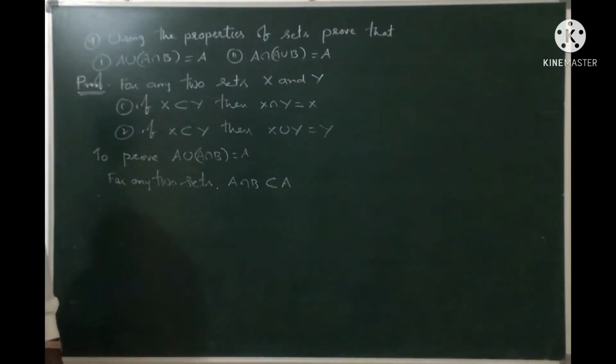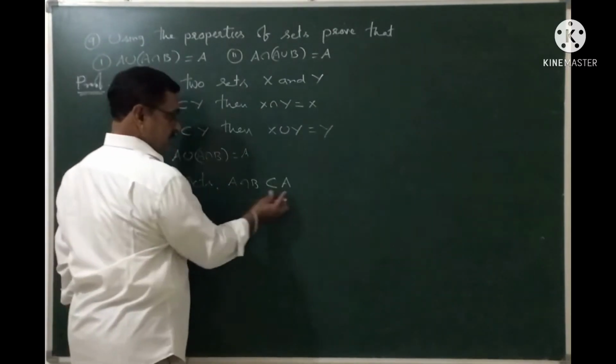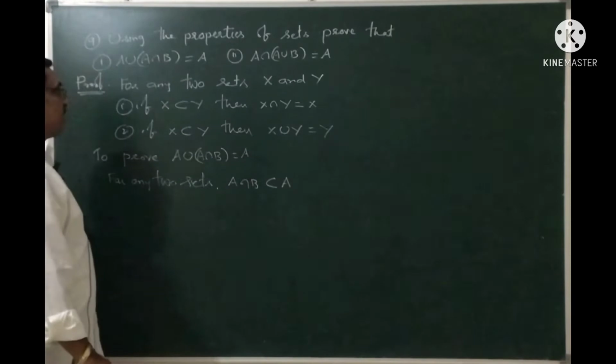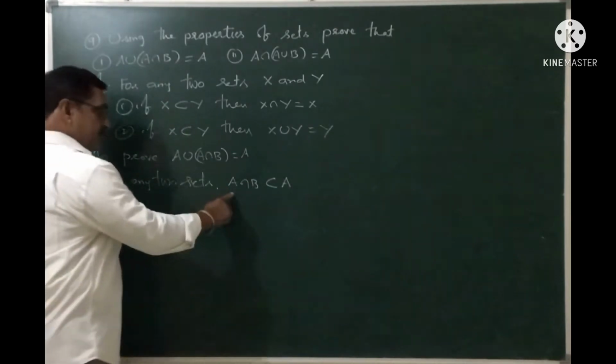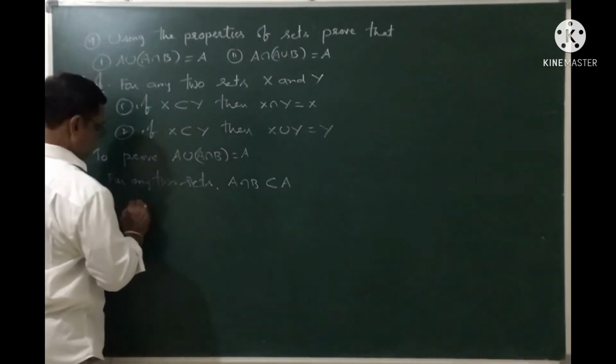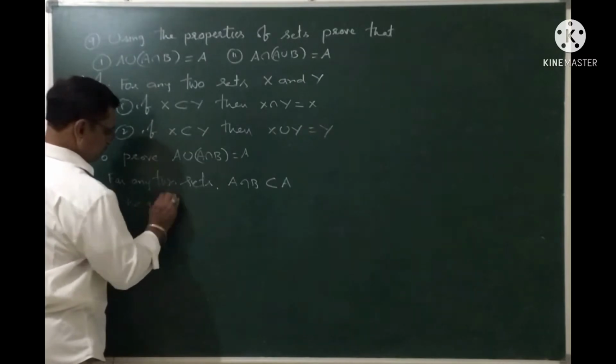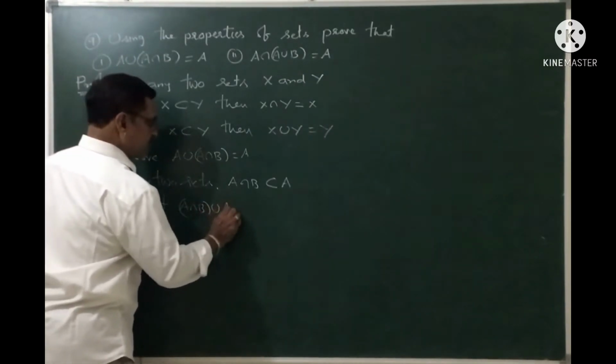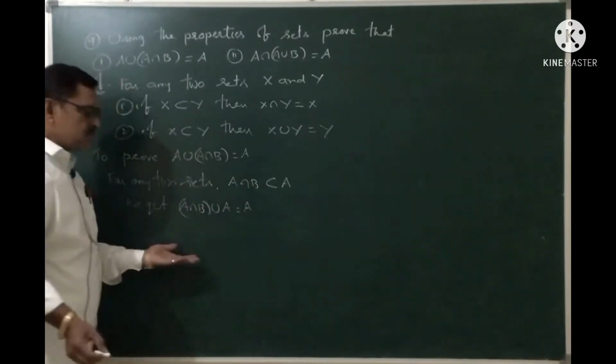A intersection B is a subset of A. So here, subset and superset. If I find their union, therefore we get A intersection B union A is nothing but A. That's all.